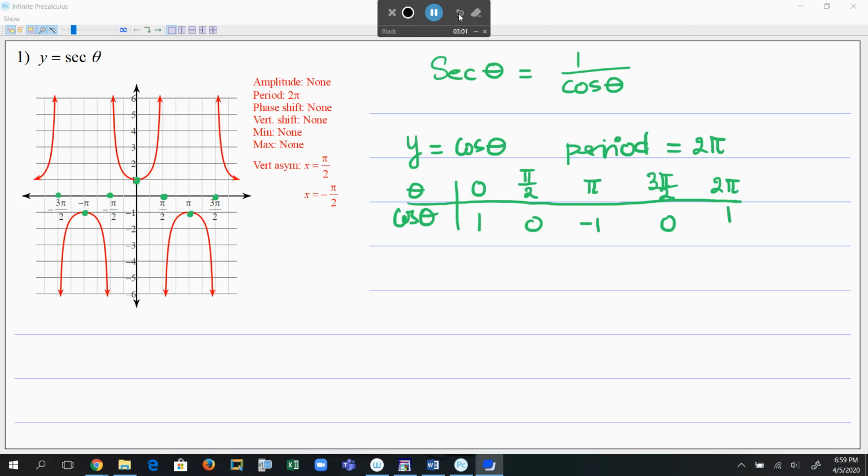When you already have the points from the cosine, where the cosine equals 0, that will be our vertical asymptote. If I'm looking on the positive angle theta, you can see that. Now we do the same thing on the left-hand side: where the cosine is 0, that will be our vertical asymptote.